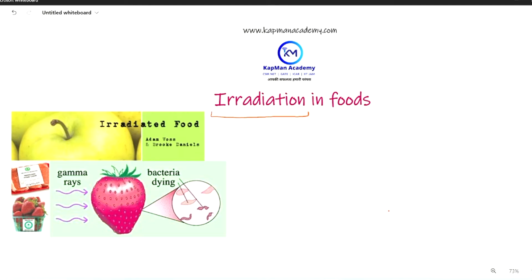Today we are going to discuss another important preservative process which is used in the food, and that one is called irradiation. The irradiation technique is used to increase the shelf life of food material, and this process decreases the spoilage in the food.